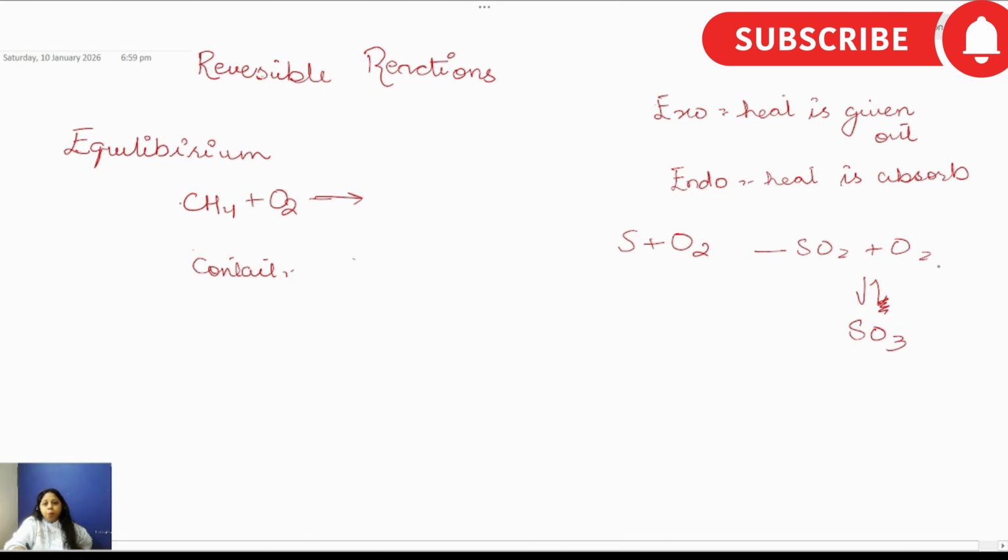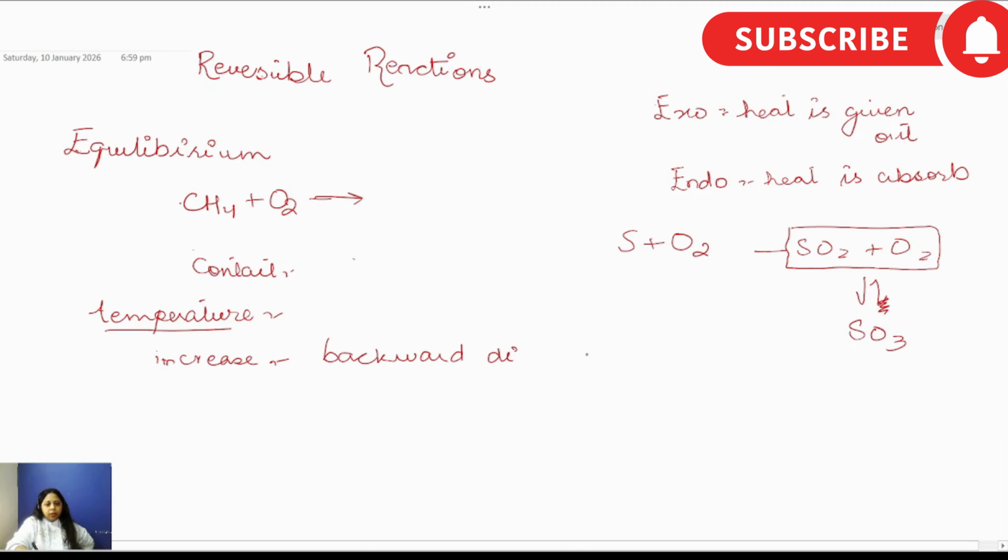It would form more sulfur dioxide and oxygen, because this reaction is exothermic. If we increase the temperature and apply it to something which is already exothermic, it will move in the backward direction. This is for exothermic.